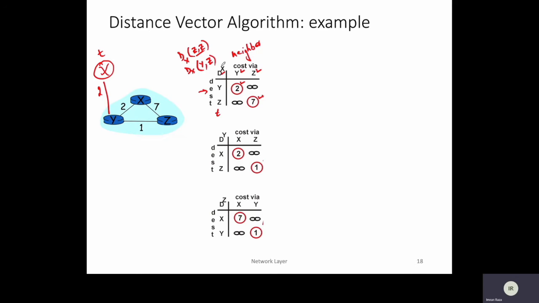And what do you think was the cost to reach from X to Z via Y?